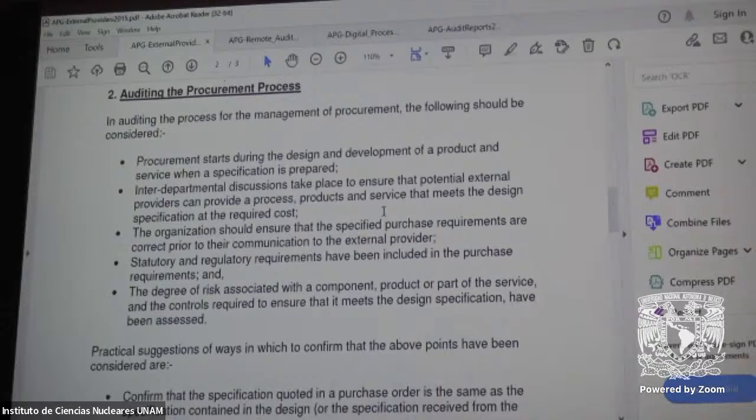Any questions about external provision? Monica, did you have any questions on external provision? There are no questions, Charles.